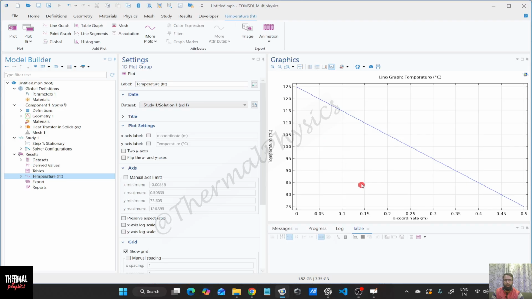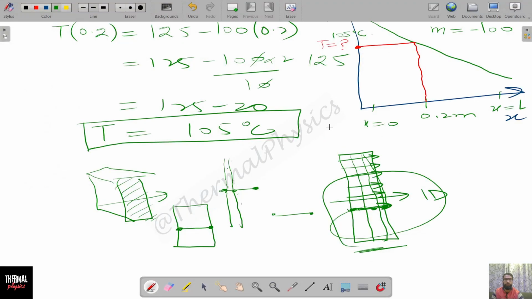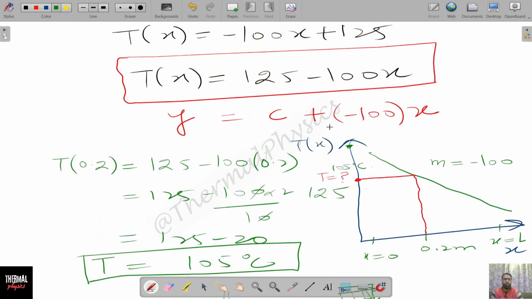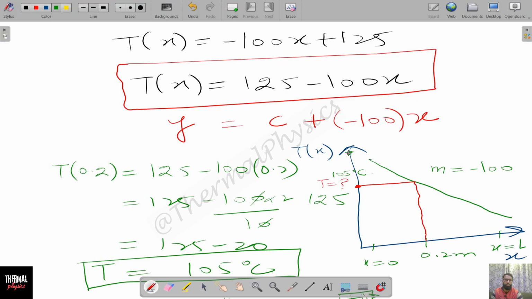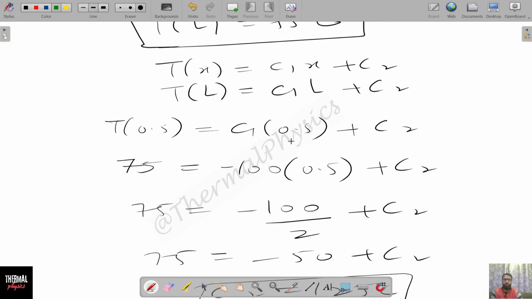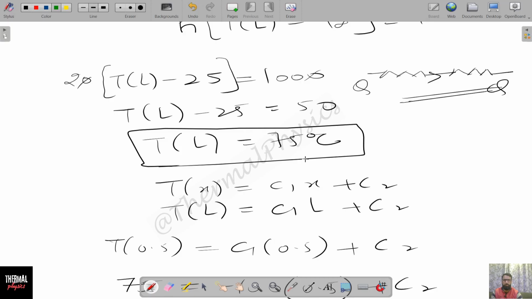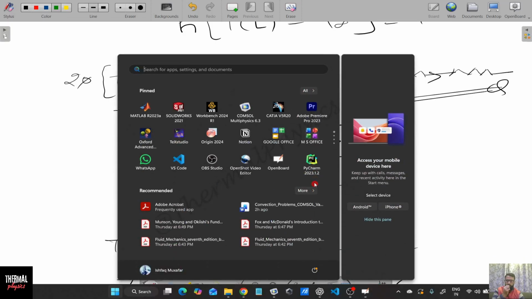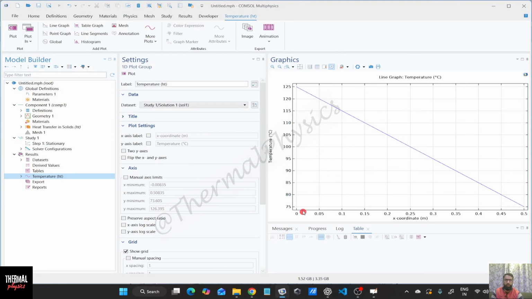So our C value is 125, which we can confirm from here. So we saw that it was 125 here because the slope is 125, and it reduces to the other end, and the other end temperature we got 75 here somewhere, yeah, here. Now going back, what we need is the temperature at 0.2. So this is our 0.2 location.